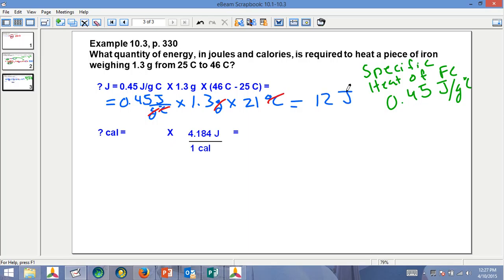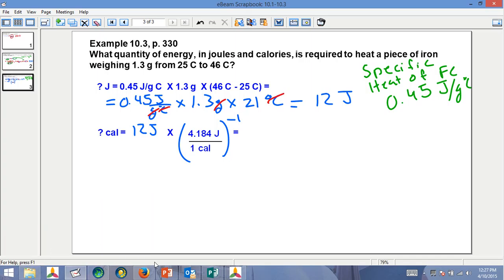Now to figure out the calories, I'm going to take that 12 joules and put it right here. I've gotten this upside down. You guys know what that means, right? I wrote it upside down.